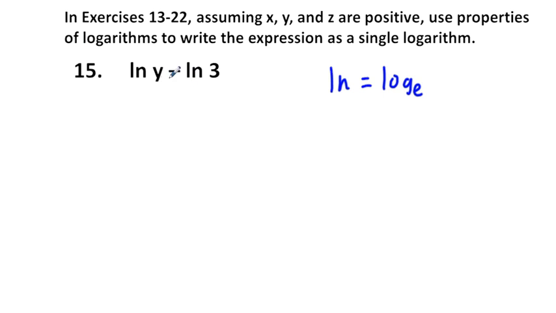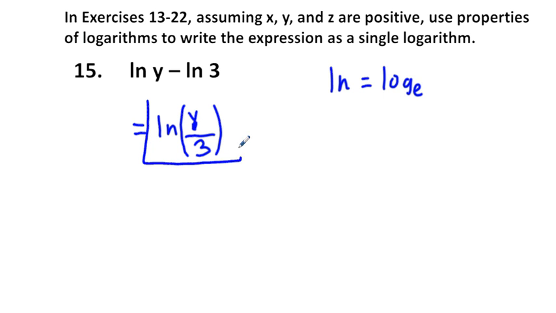So again, we can rewrite these two logarithms, a difference, as the natural logarithm of y over 3, and we can put this in parentheses to make sure that we're talking about the quotient here. That's really all it is to it. We're going backwards.